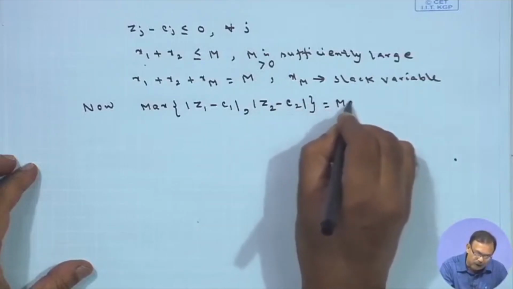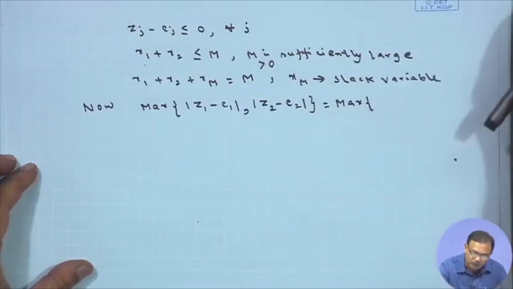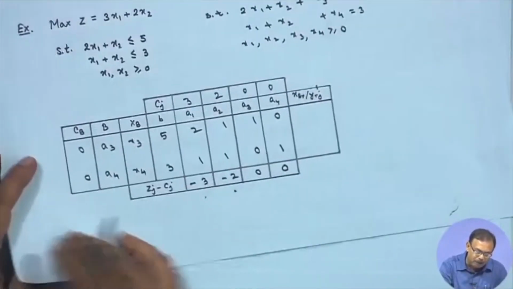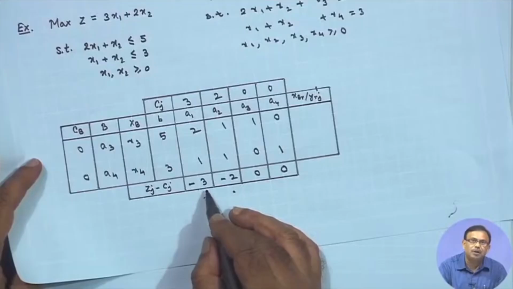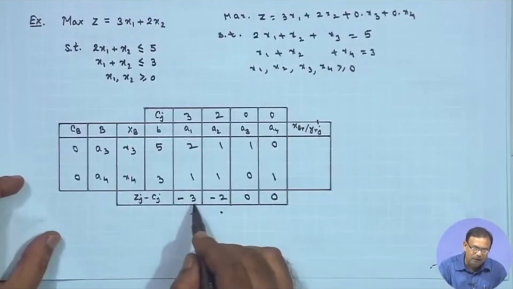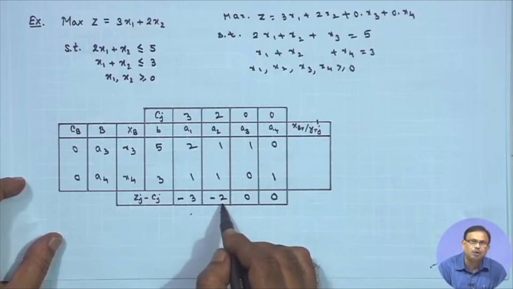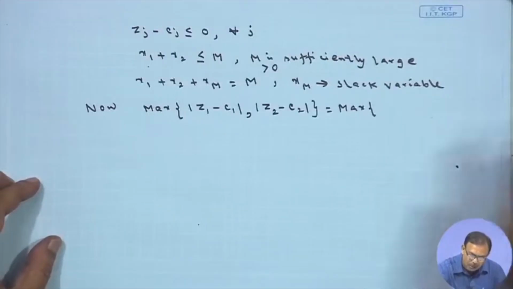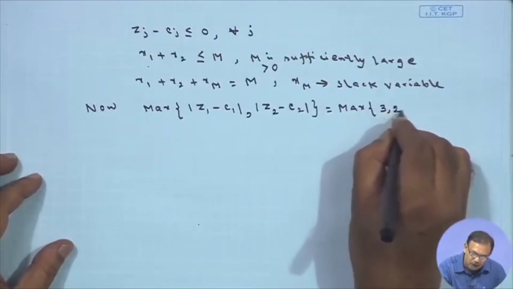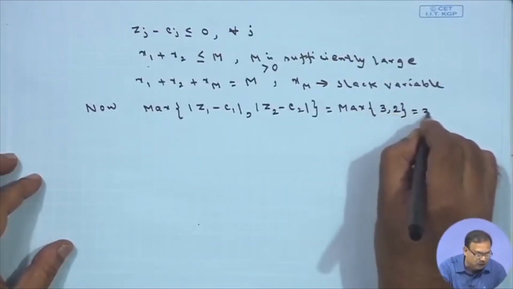So, this equals the max of the modulus we have taken. z 1 minus c 1 is 3 in absolute value. Similarly, z 2 minus c 2 is 2 in absolute value. So, here it will be the maximum of 3 comma 2, and this equals 3.